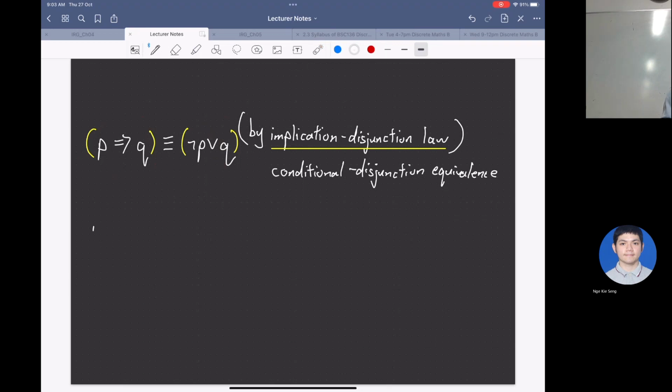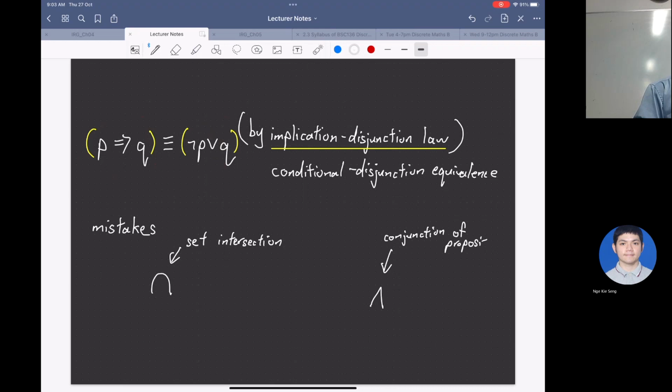One mistake that people usually make is that some of you tend to put the intersection. This one is the intersection, and this one is the conjunction of propositions. Beside a set operation, what you put is two sets, right? So these are sets.